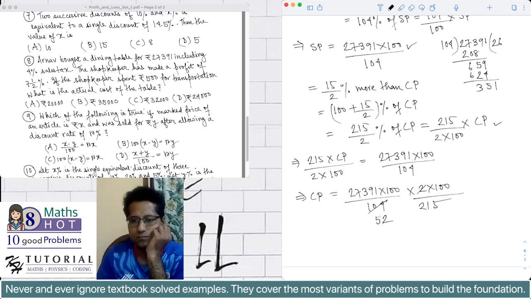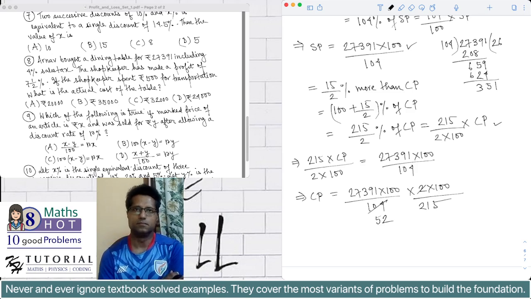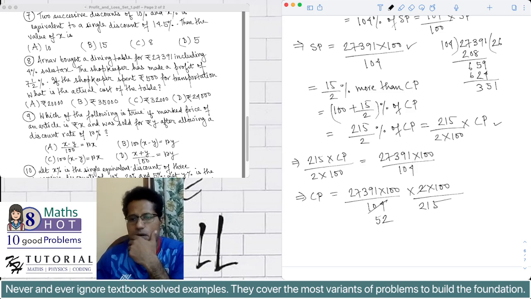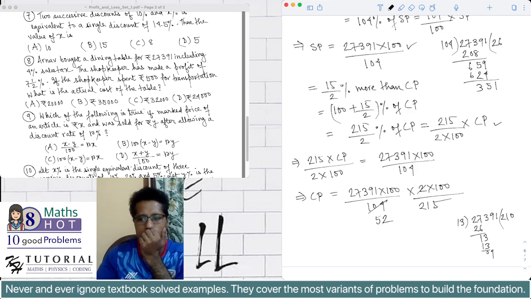7 not dividing 52. 13. Will 13 divide 27391? 2, 26, 1, 13, 1, 9, 0, 1, 7, 2, 1.